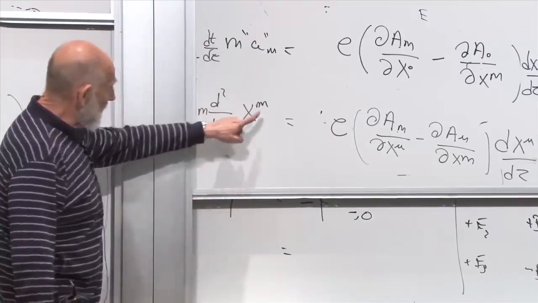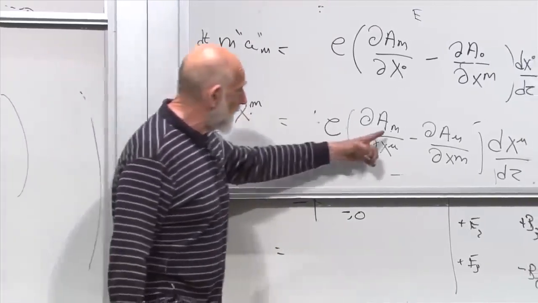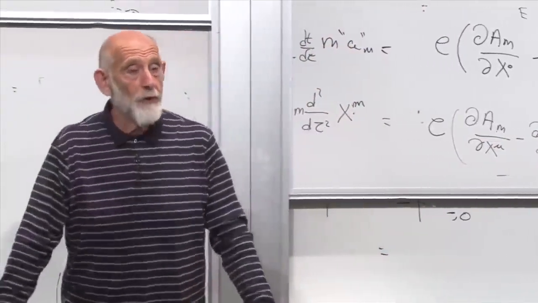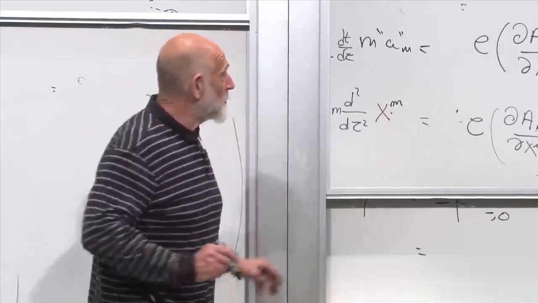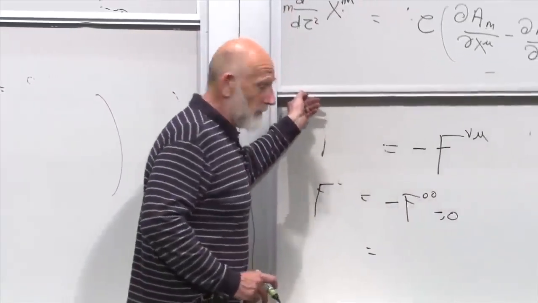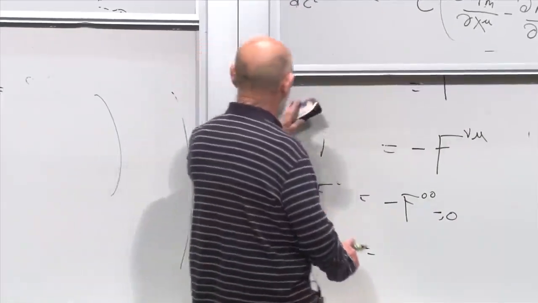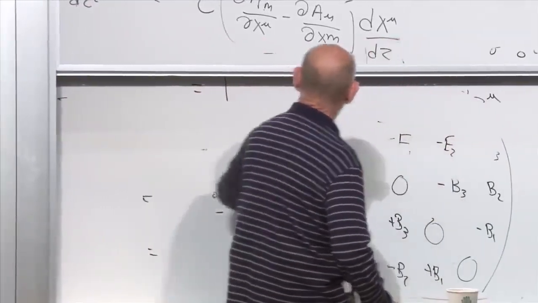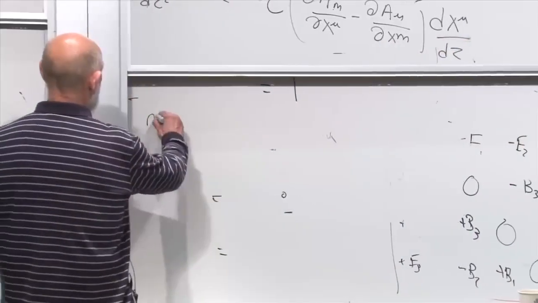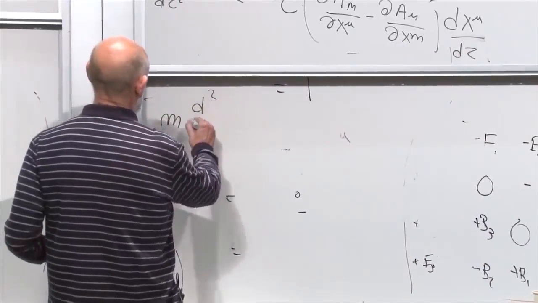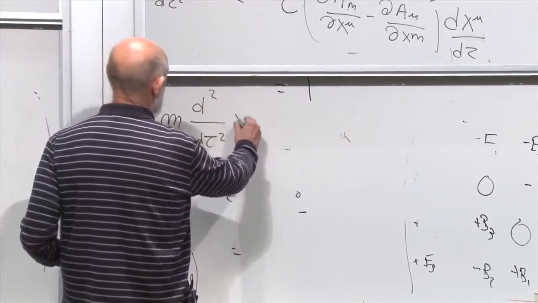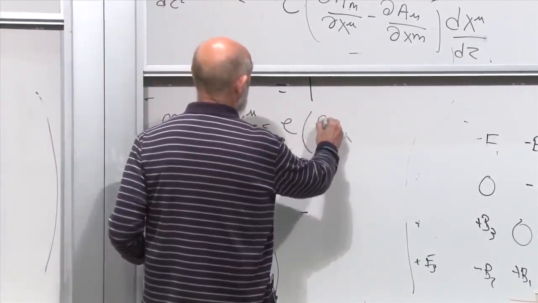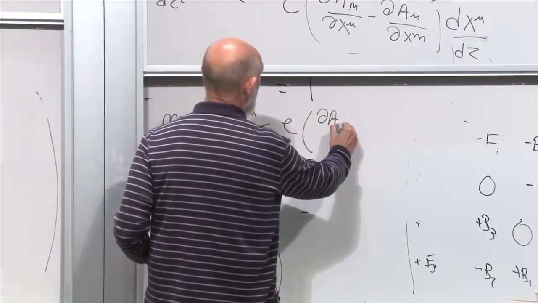Same equation, except with m being the time component. If that 4th equation was correct, then we could summarize the entire set of equations by basically one equation: mass, proper acceleration, all 4 components, equals E times the derivative of A mu.